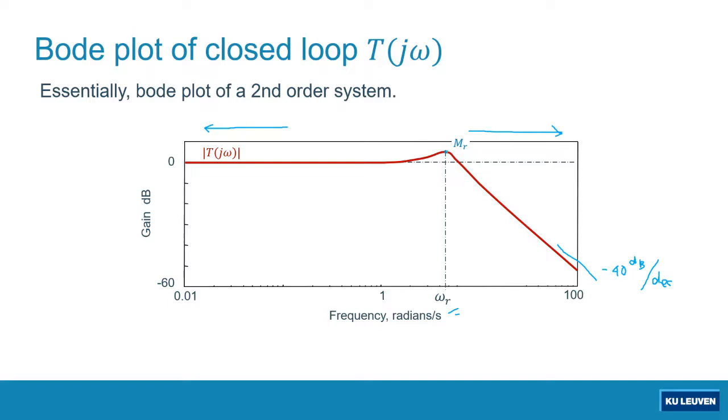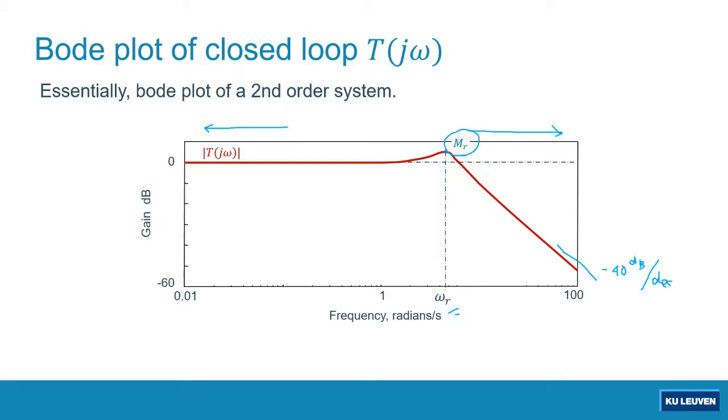And the peak here, the maximum magnitude in the Bode plot, is indicated as MR. So these are the two features that we can identify from the magnitude plot of a Bode diagram from an underdamped second order system.